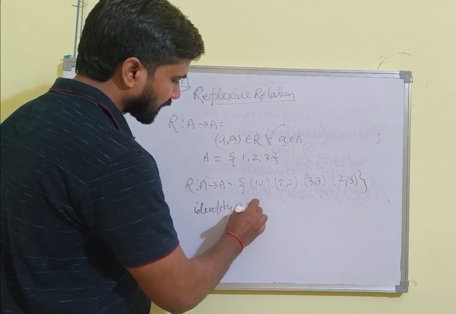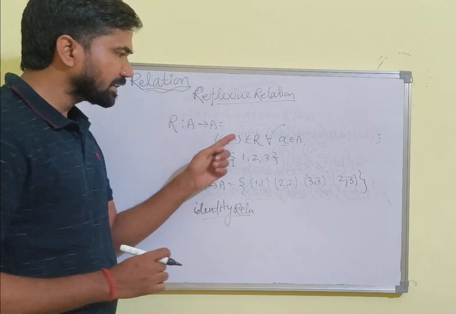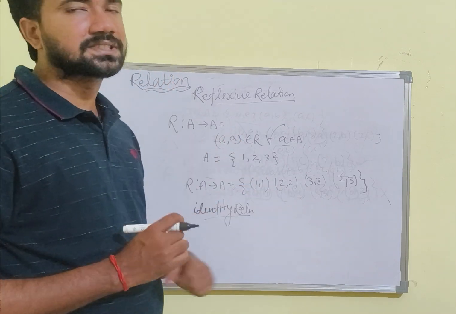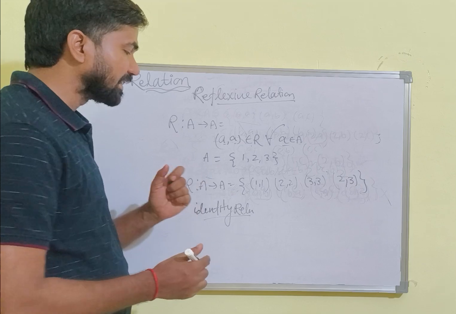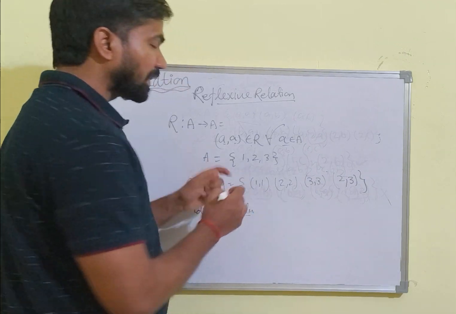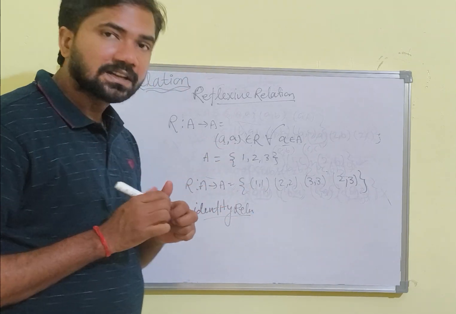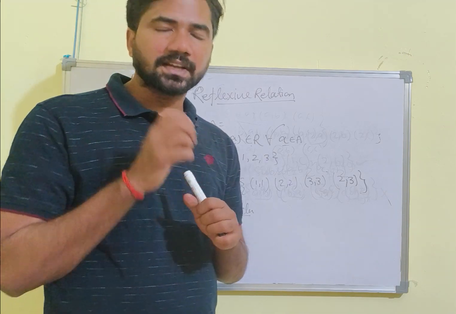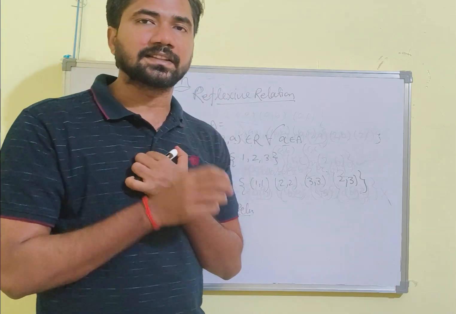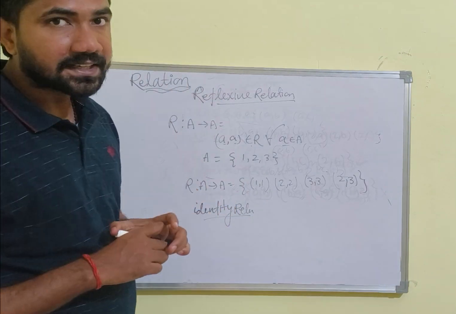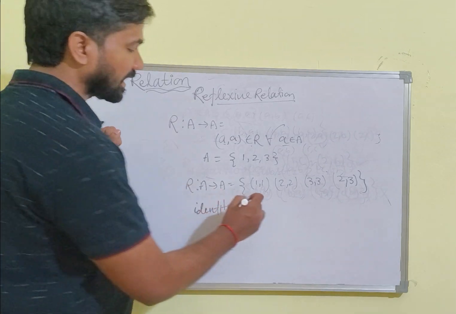Identity relation. Here, each and every element is related to itself, then we can say it is an identity relation. If each and every element is related to itself only, then we say it is an identity relation. Otherwise we cannot say identity relation.